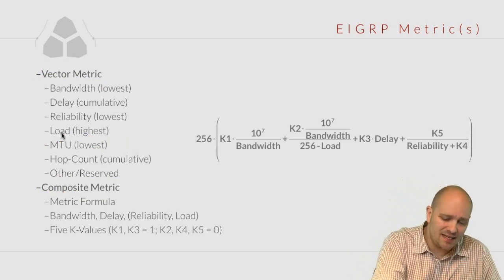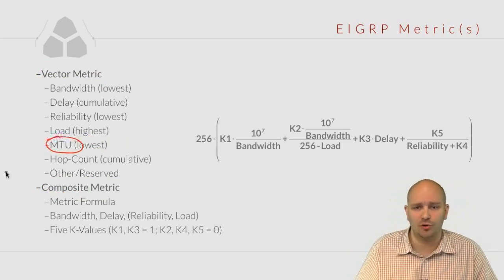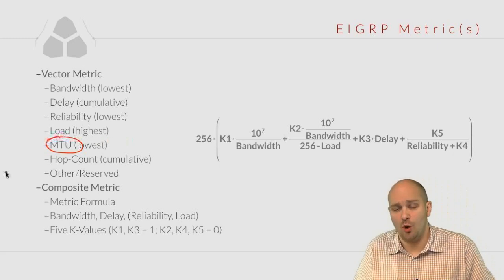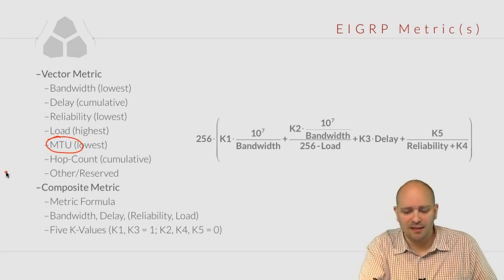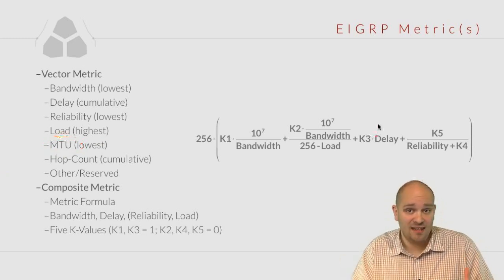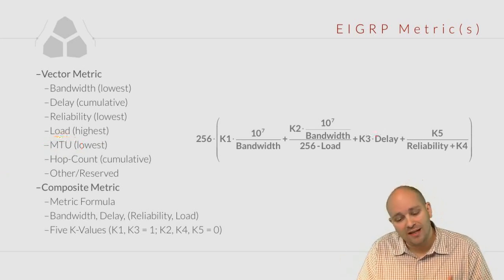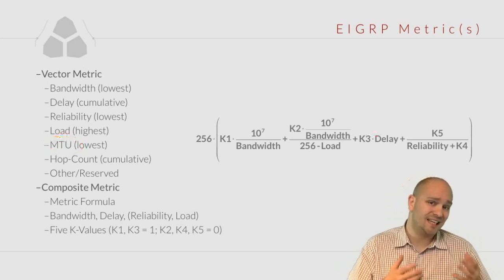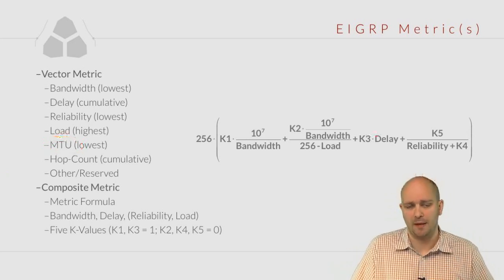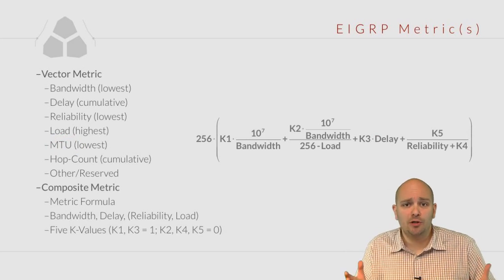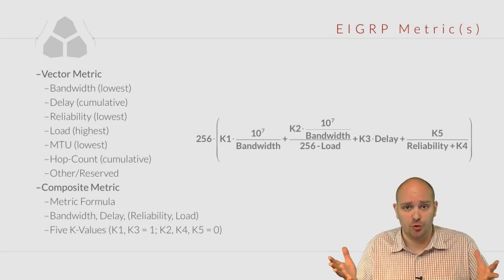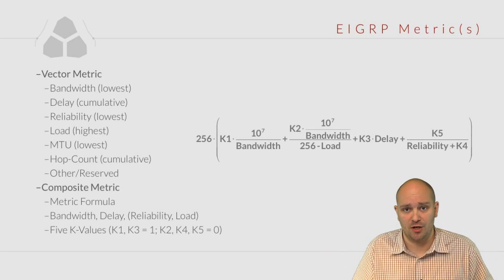But in some relatively obscure cases, the MTU value can be used as tiebreaker information. If we have multiple routes that, say, have equal cost, and we are exceeding the number of routes that can be inserted by EIGRP into the routing table, we need to make a decision which one of those many routes we are going to use.